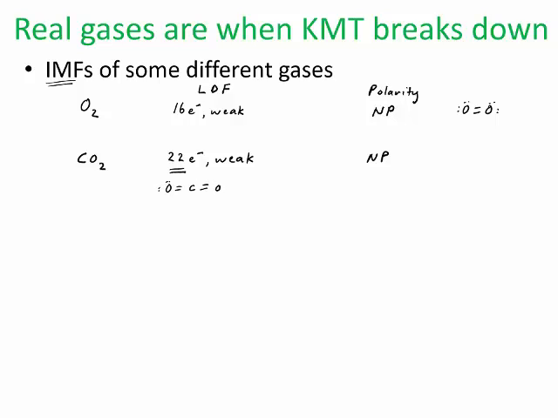It's composed of three atoms, while O2 is just two atoms long, so this has a little more surface area for those London dispersion forces to do what they do, to cause their induced dipoles. So it's going to be a little bit better because it has more electrons and is three atoms long, so it's a longer-shaped molecule.